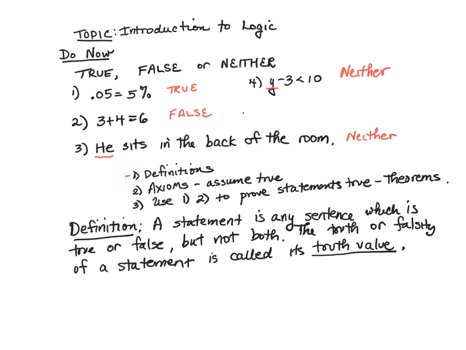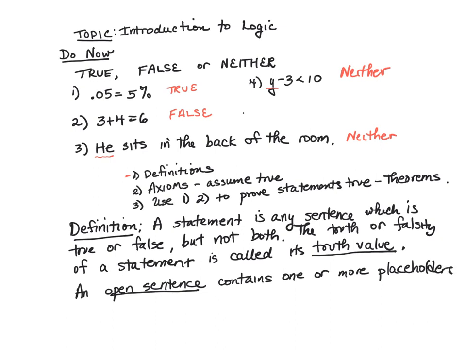Now, the placeholders in mathematical sentences are called variables. And an open sentence contains one or more placeholders which are called variables.